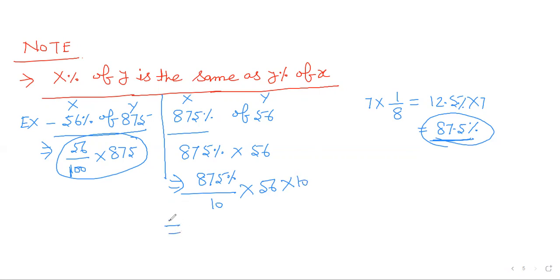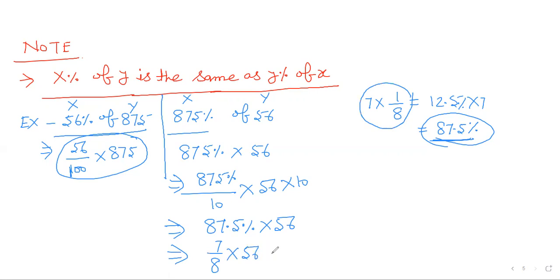It will give us 87.5% into 56. Right? So 87.5% is what? 7 by 8. It is 7 by 8 into 56. So the answer is 49.